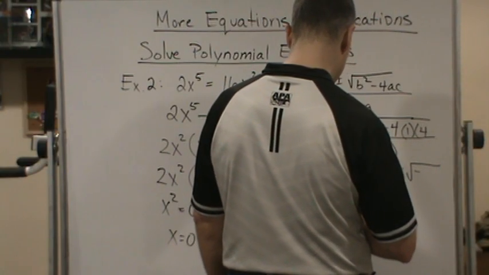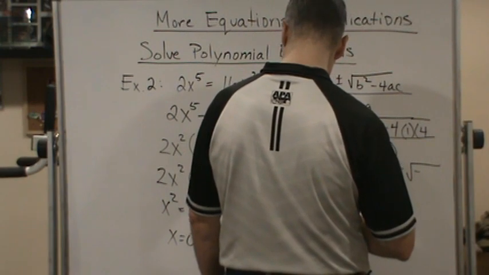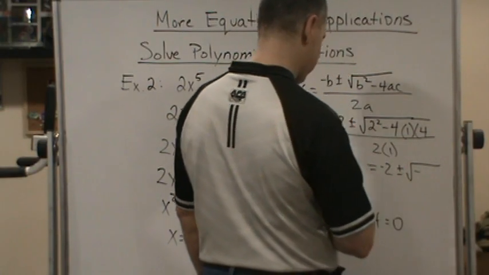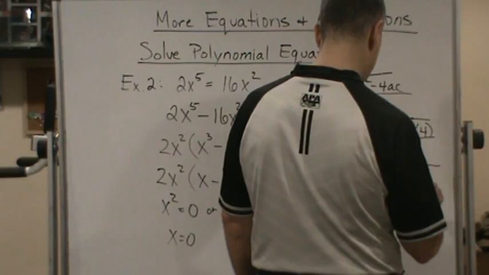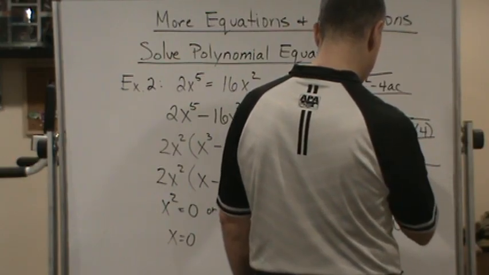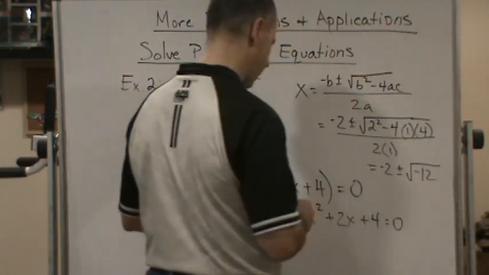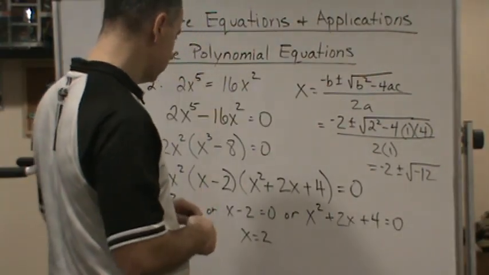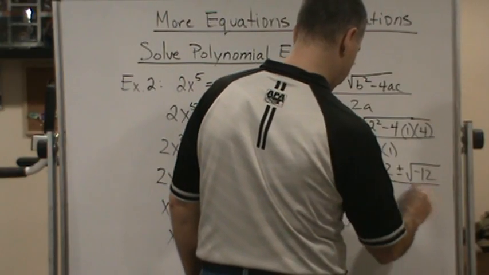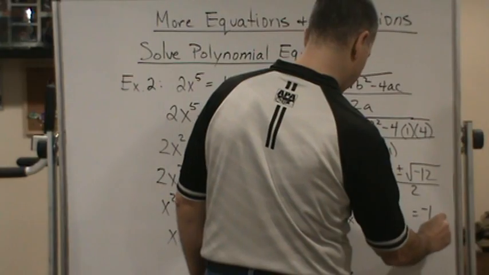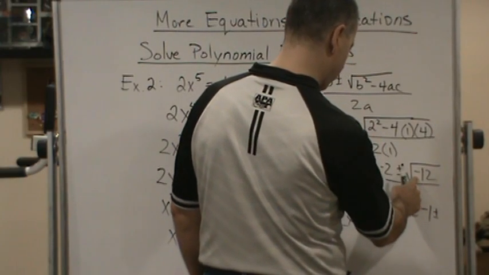Which is going to be negative 12 over 2, which is going to give us negative 1 plus or minus, we're going to factor out a square root of 4 here.